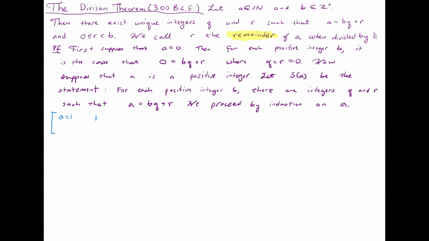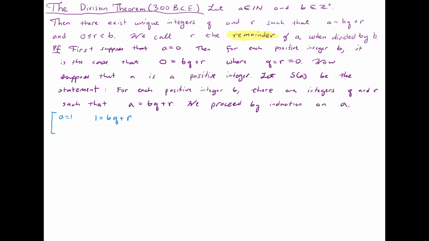Then we're going to have 1 equals b times q plus r. But b is an arbitrary positive integer. And so we need to be careful, because if, say, b was equal to 5, then we can easily take q to be 0 and r to be 1. But that only works if b is not equal to 1.